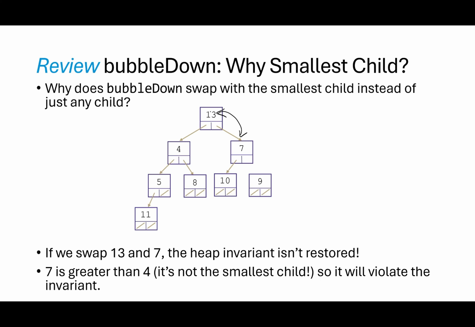Again, there would have been a problem, right? 7 goes here, 13 goes here. Is it fine? Again, we would have a conflict between 7 and 4, right? 7 is greater than 4. So that's why when we were bubbling down, we were swapping with the smallest child.